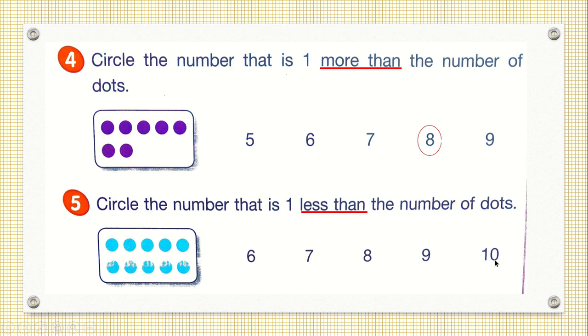When we say one less, it means that we go back. When we say one more, it means that we go forward. Okay, so write your answer for number 5.